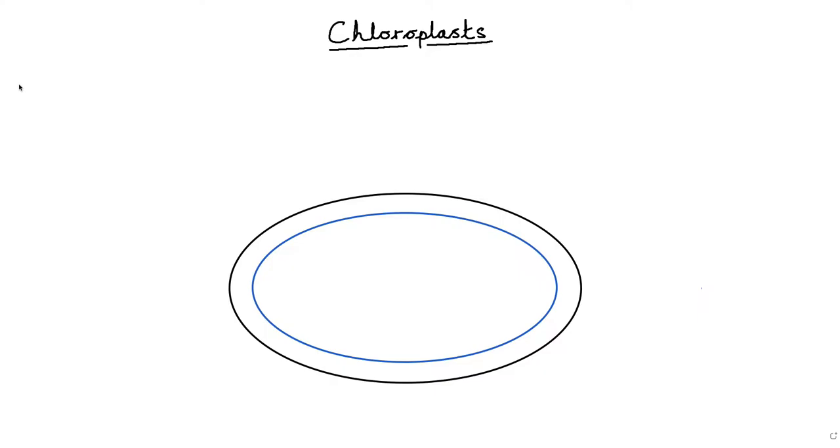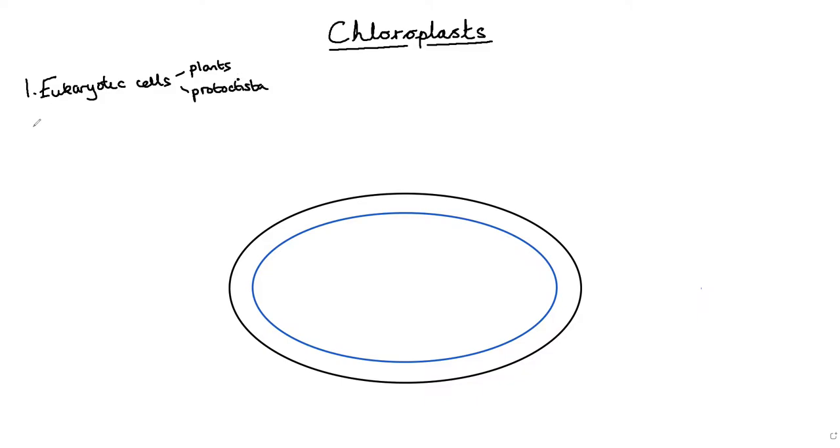So first thing to say is that chloroplasts are found in eukaryotic cells. So they're not found in the cells of prokaryotes, the bacteria. More specifically, of the eukaryotes, they are found in the cells of plants and another kingdom called the Protoctista.